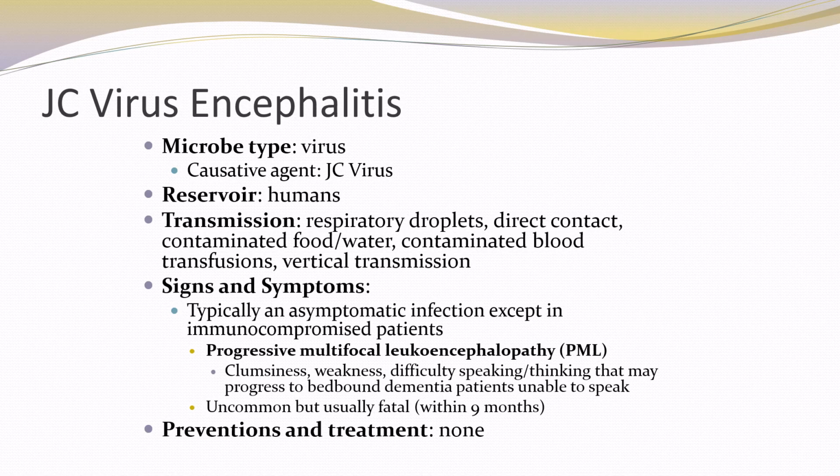One more encephalitis disease, virus actually, is the JC virus. This is a virus that the vast majority of people have probably already had. It's just that for the most part, most people do not have symptoms.